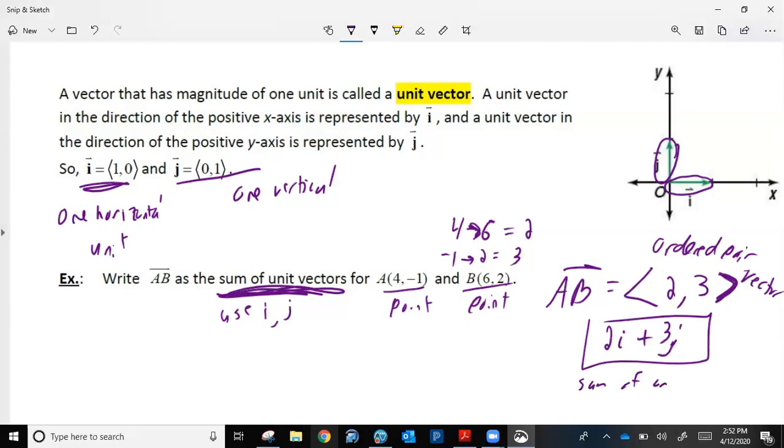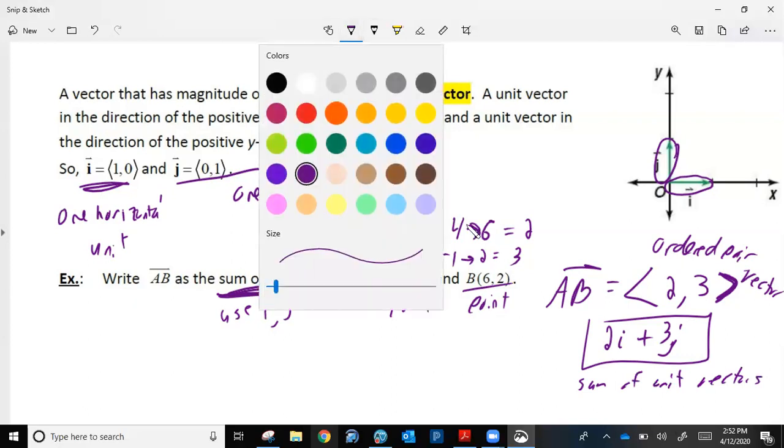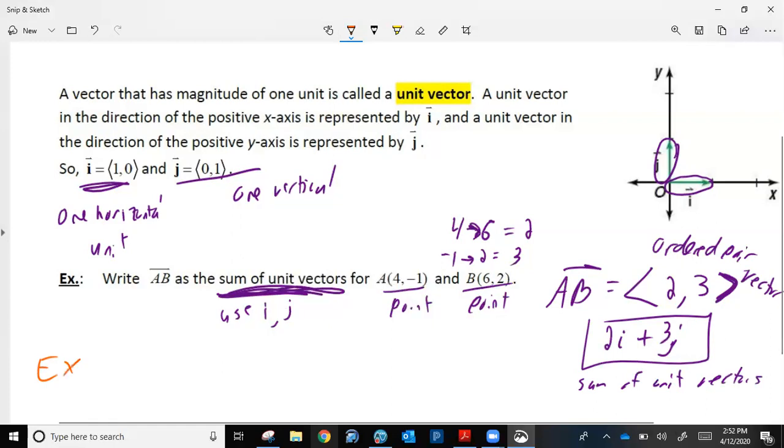This is the sum of unit vectors. And I guess one more time, just to have another example of it. It could ask you, what is the magnitude of AB? Again, this double absolute value symbol means the magnitude.